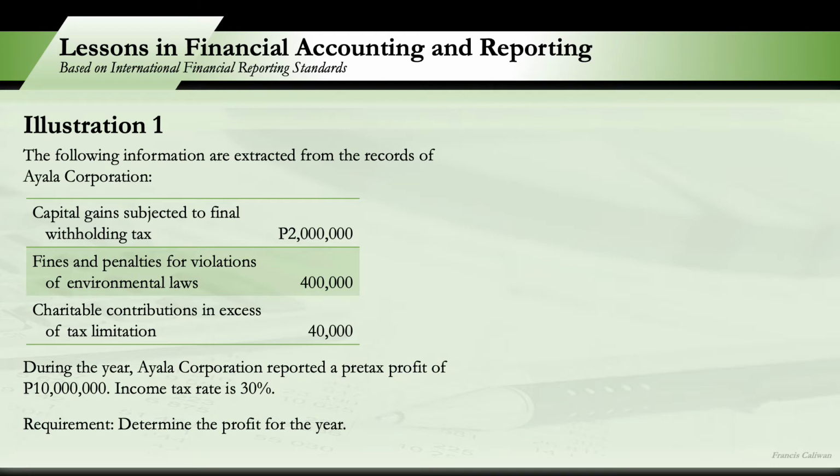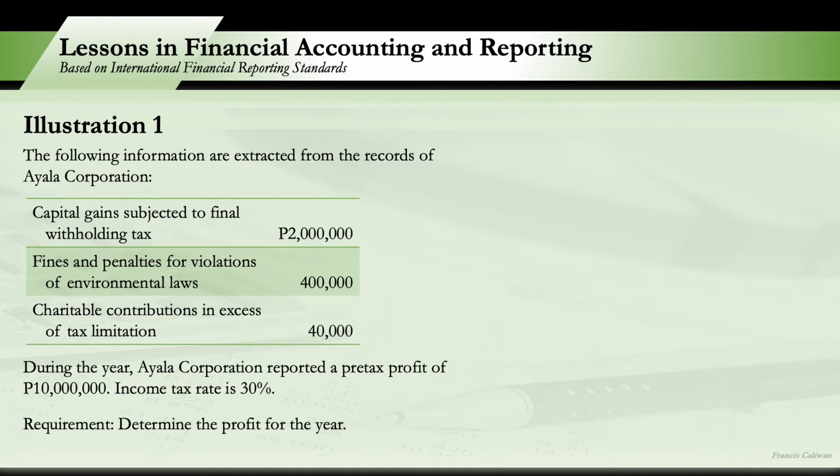And charitable contributions in excess of the tax limitation. So excess of the limit of the charitable allowable deduction. So again, this is also a non-deductible expense. So we have a non-taxable revenue of 2 million and non-deductible expense of 440,000.